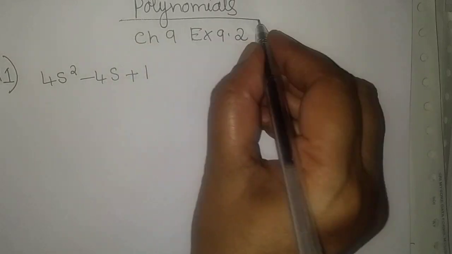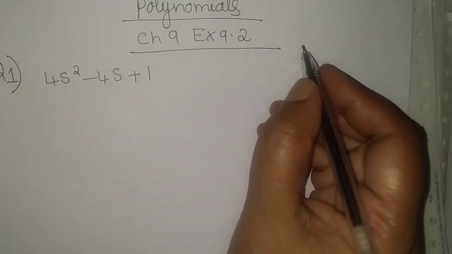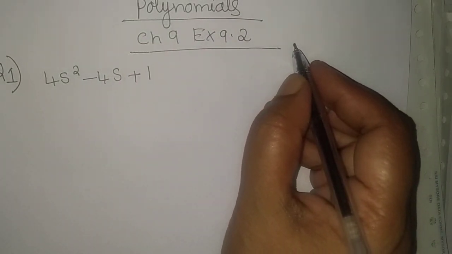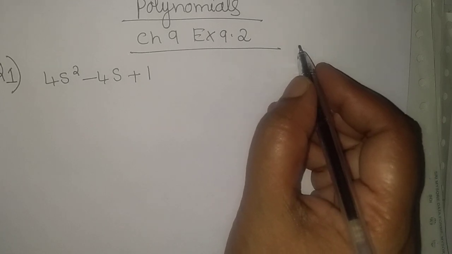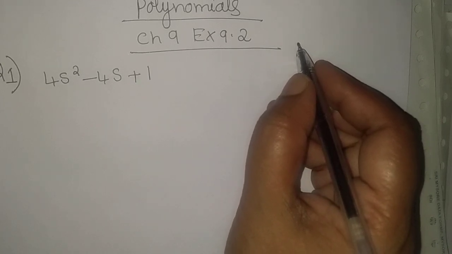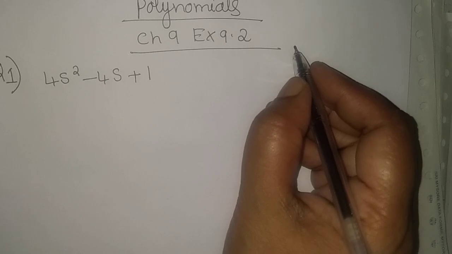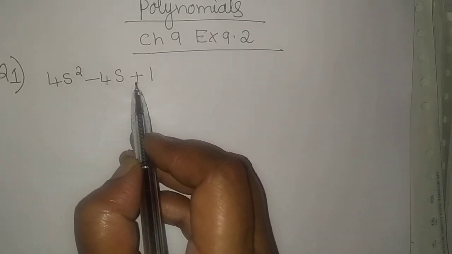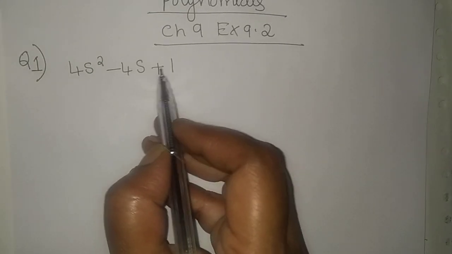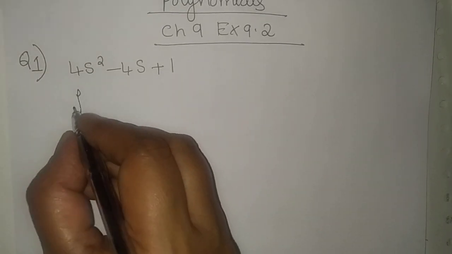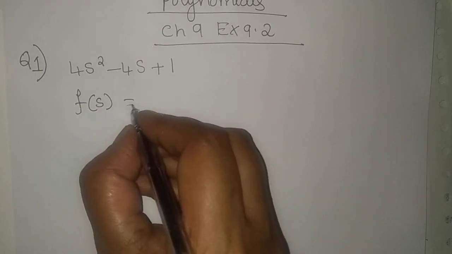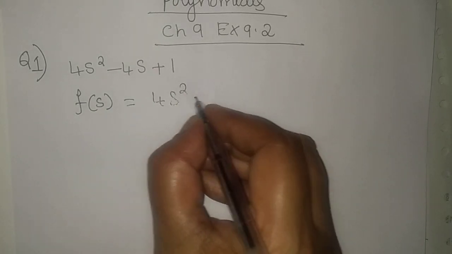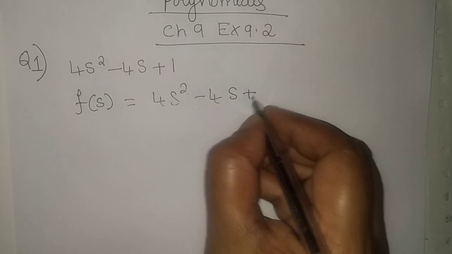So the next problem given is the 9th one. 4s square minus 4s plus 1 is given. Therefore f of s is equal to 4s square minus 4s plus 1.